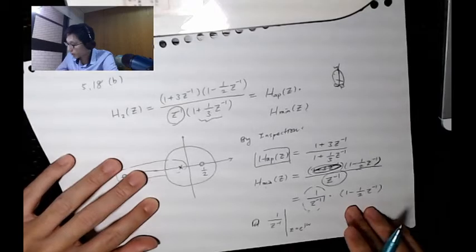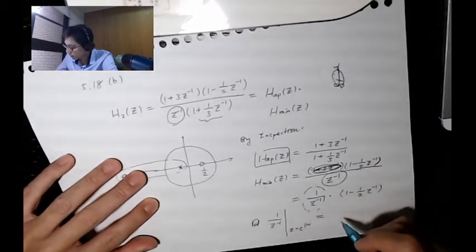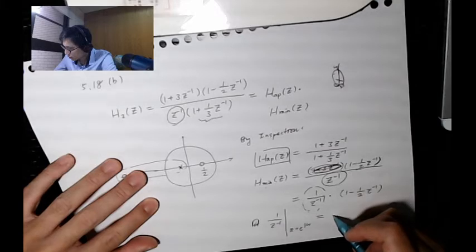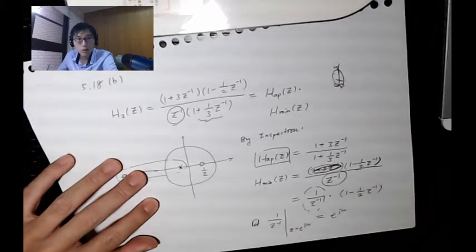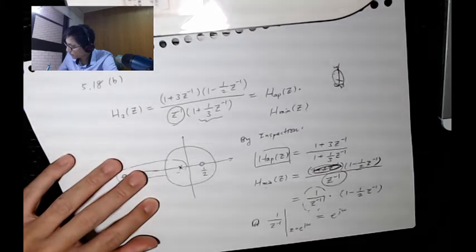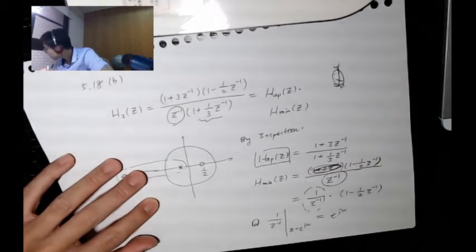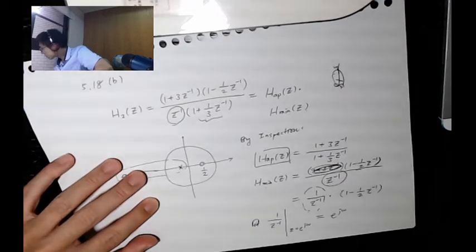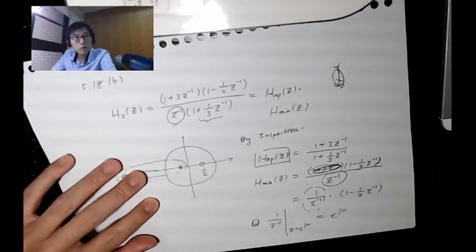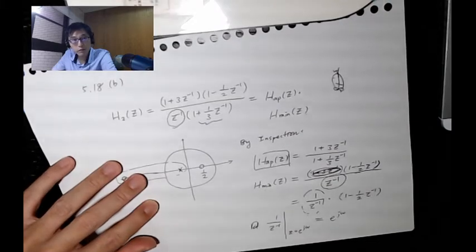This frequency response is going to be e to the j omega, and it does not affect the magnitude response. Yeah, this factor does not affect the magnitude response.